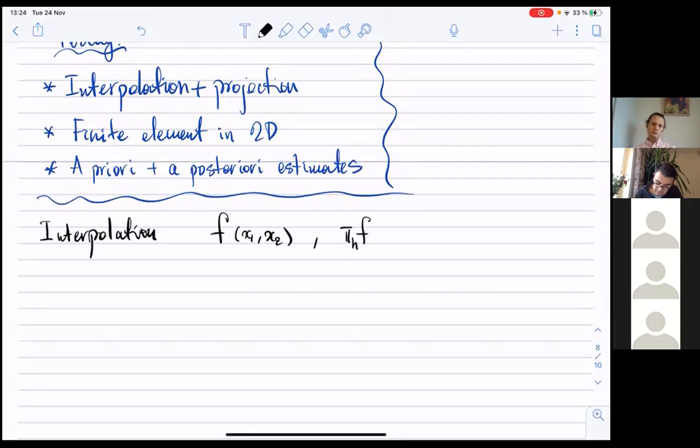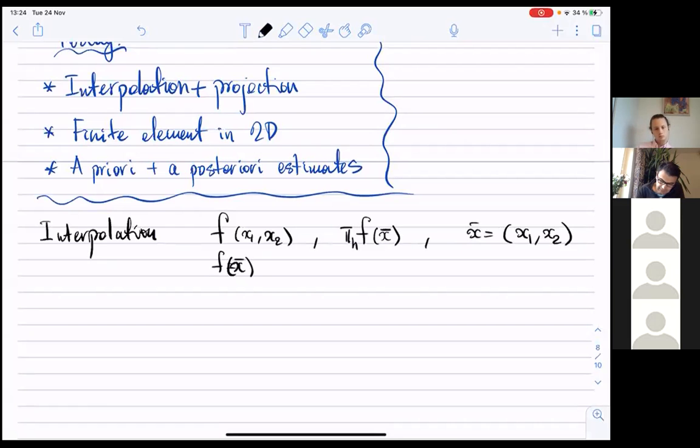In my notation, I put 1, so it is the same. Ph of x, so I put x bar. I should say that x bar is coordinates like x1, x2. So we are in 2D, we have two space coordinates.